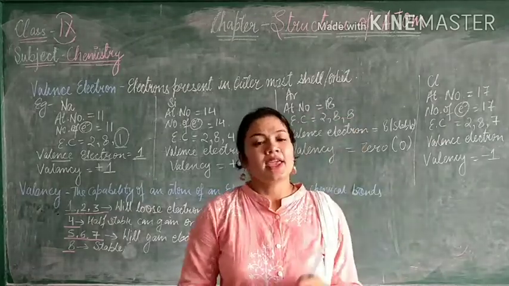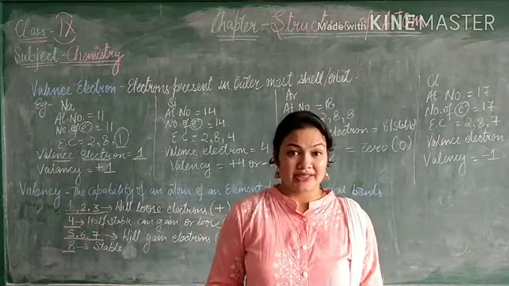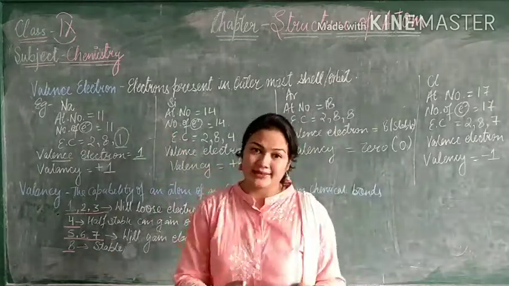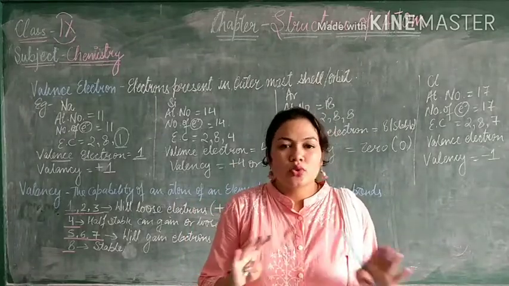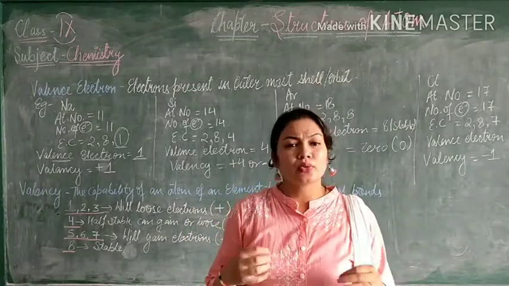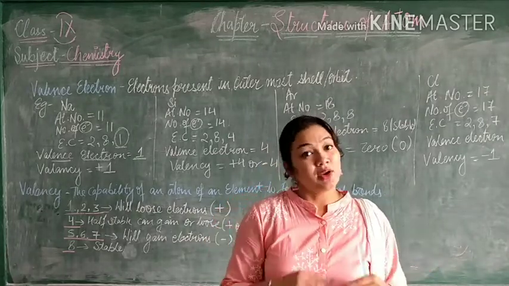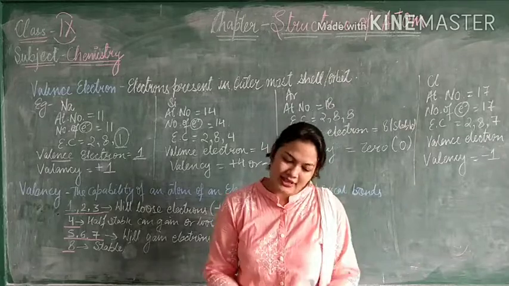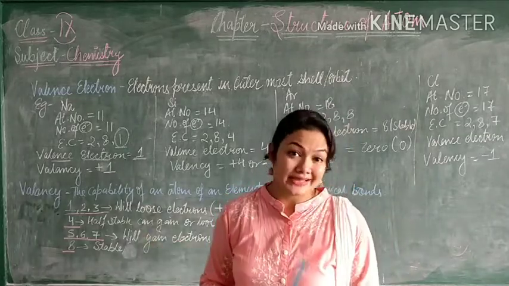In the same way, if the element has 8 electrons in its outermost shell, that means the valence electron is 8, and the atom is stable. It is not going to work for others and it is not going to combine with others. Like one boy who has all the stuff, pencil, rubber, scale and everything, is not going to ask anyone else for anything.